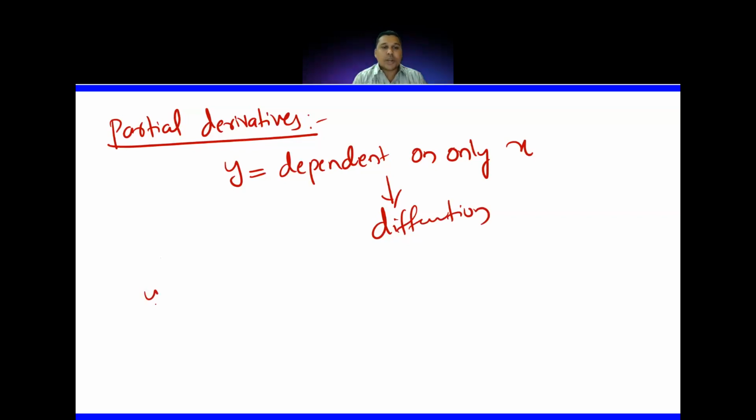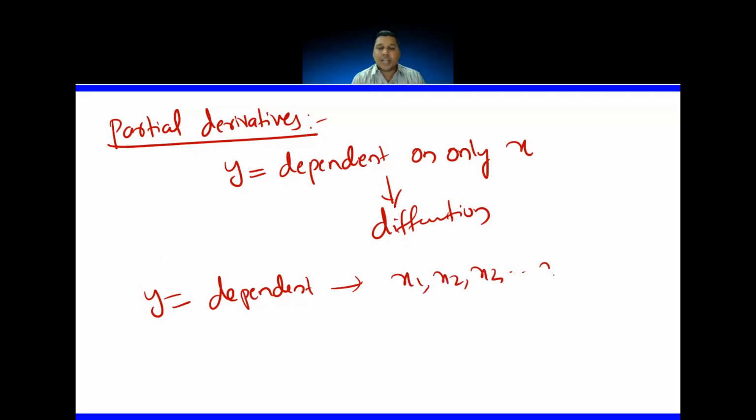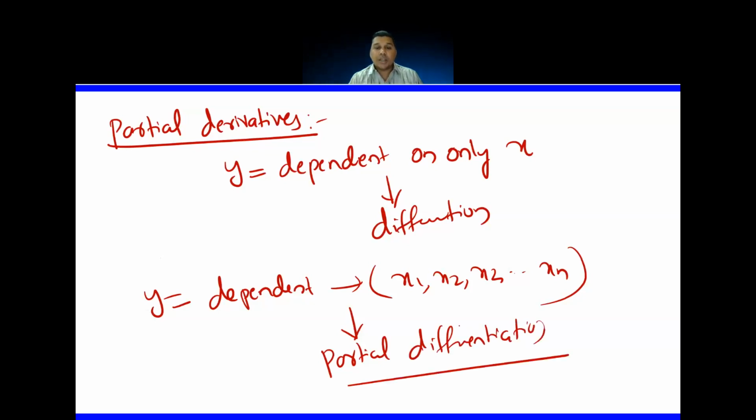If the same function y is dependent on multiple variables, or is expressed as a function of multiple variables like x1, x2, x3, so on, xn, in this case you have to apply partial differentiation. So you find out partial derivatives.